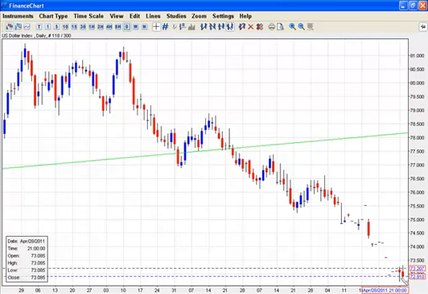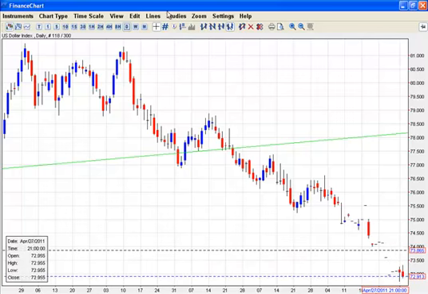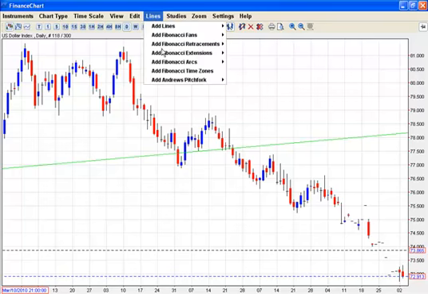sometime in the future. But as part of the stabilization, we have a level of demand, and if buyers start to take control, then we'll fill those gaps, and we're going to get some form of retracement. Where to from here with the retracement?